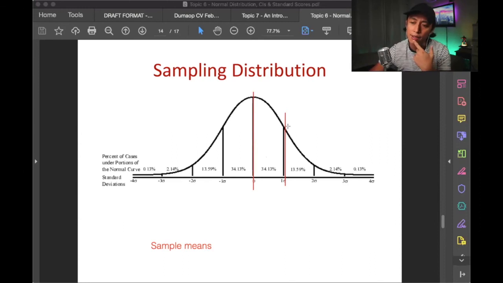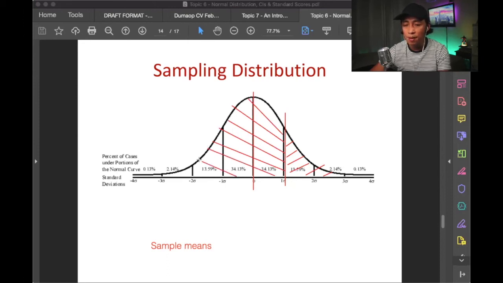And as much as you can do that, you can also do the things that we did before, such as identifying, for example, what is the proportion of sample means that are greater than this given sample mean? Or the percentage of sample means that are lower than a given sample mean, right here. And we can also talk about the same probabilities.